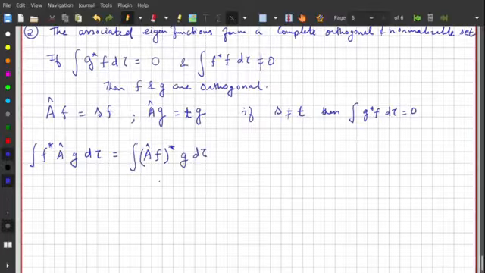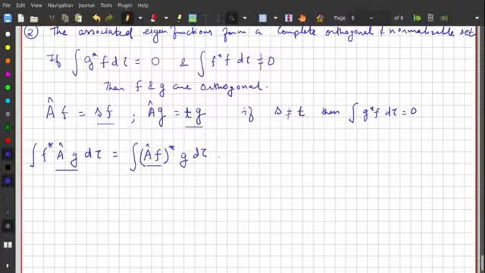Okay, and this can be rewritten using that A hat g is t g and A hat f is s f.